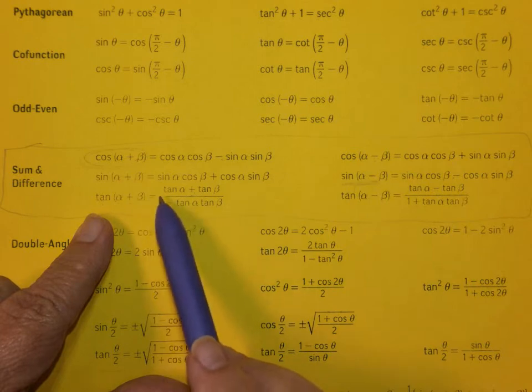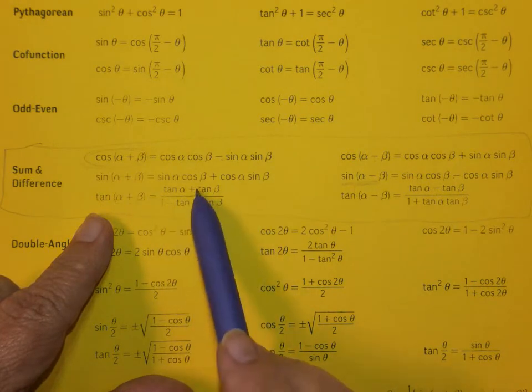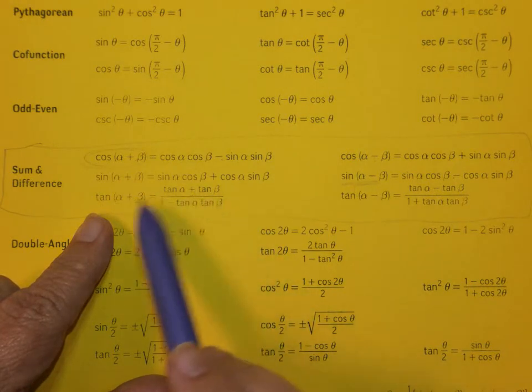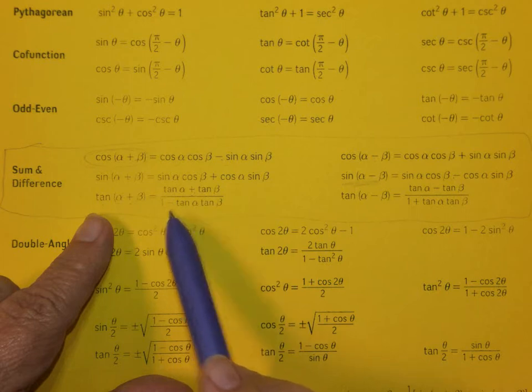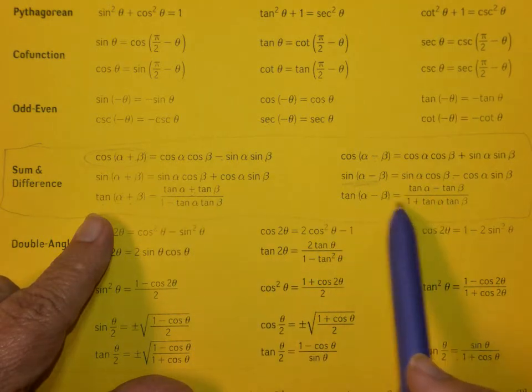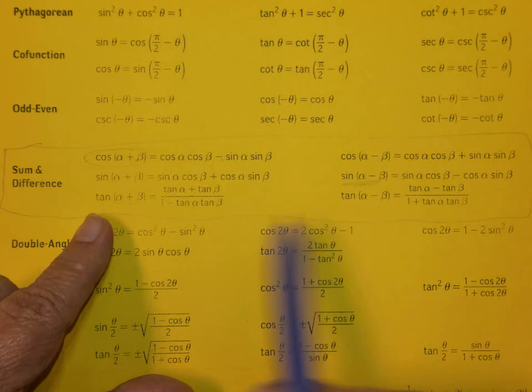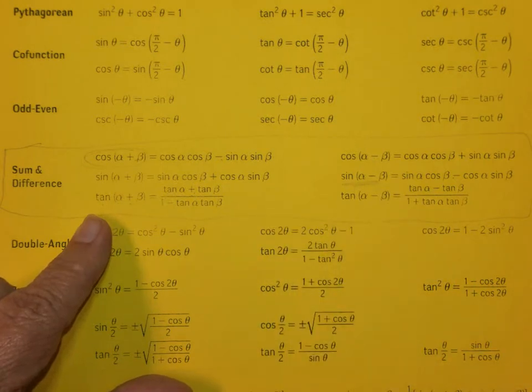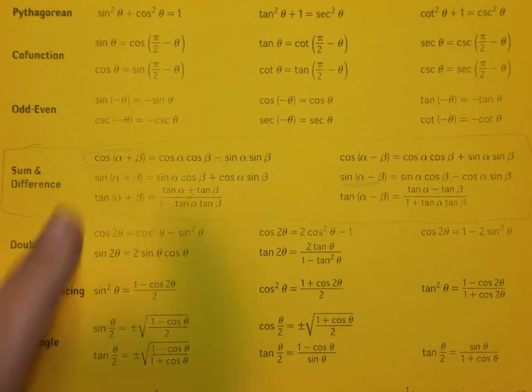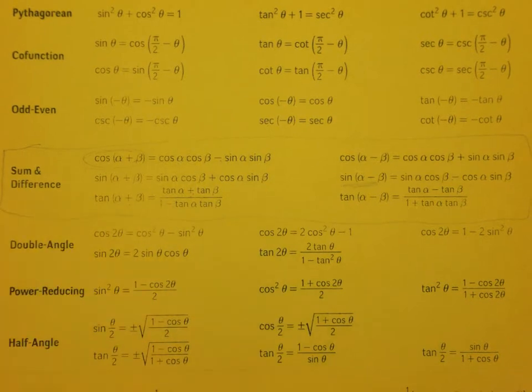And in tangent, you have division, and you have the same operation on the numerator and the opposite operation on the denominator. But there's a lot of similarities, so you really have to pay attention to the symbols for adding, subtracting, and all that. All right, so let's do some examples.